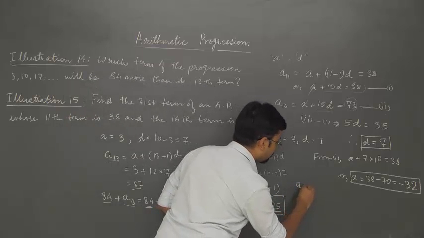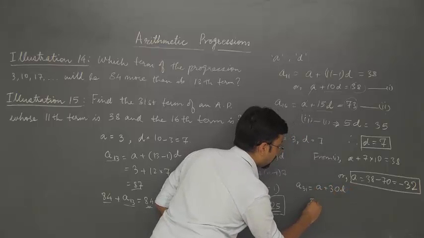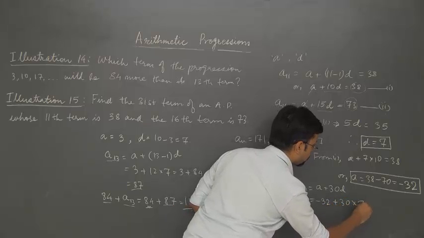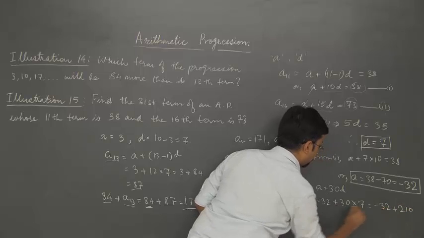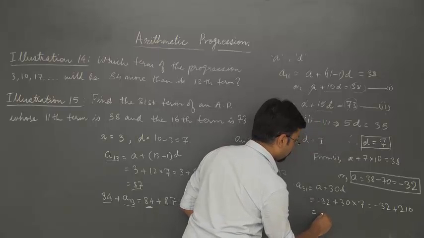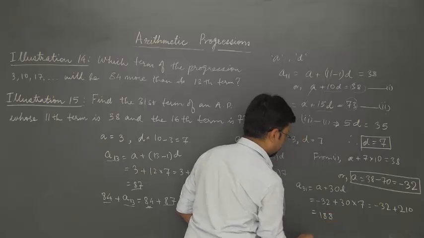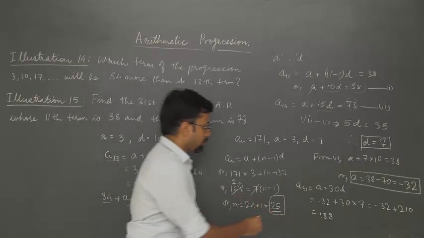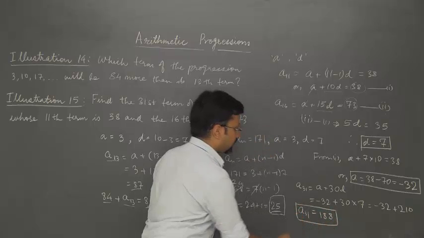The 31st term will be A plus 30 into D. A is minus 32 plus 30 into D is 7. So you get minus 32 plus 210, and that will be 178. So the 31st term of the given AP would be 178.